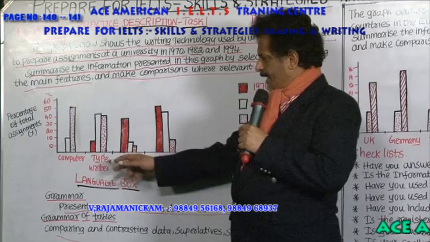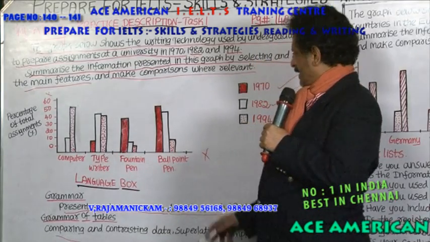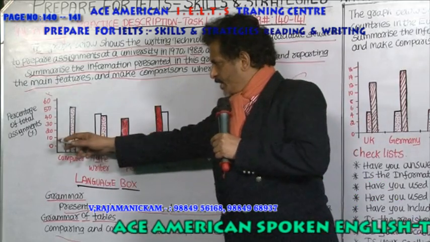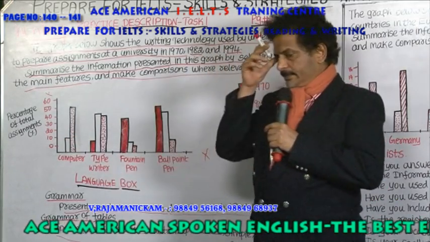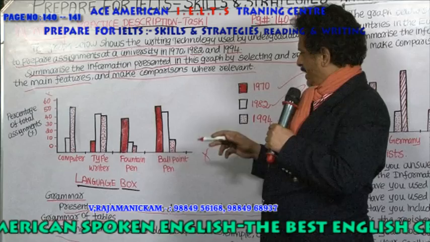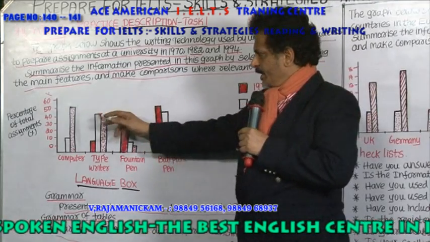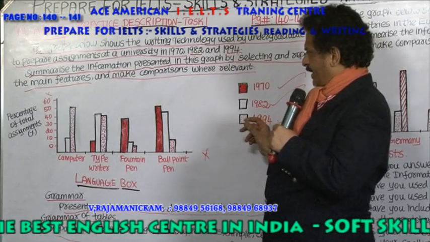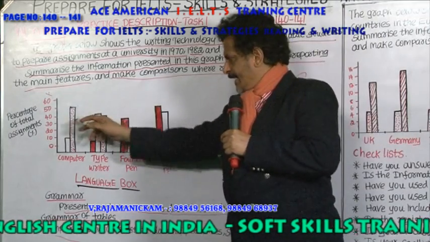Now coming here, through typewriter, in the year 1970, you see the level mark comes to around 5% of total assignments. And in 1982, it is 40. And in 1994, in typewriter, how much do you find? Nearly 38.